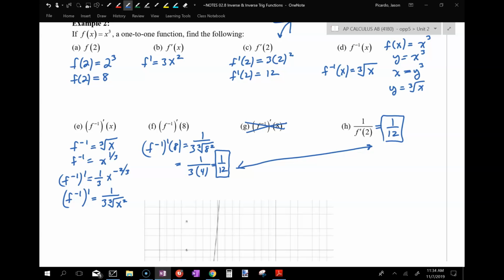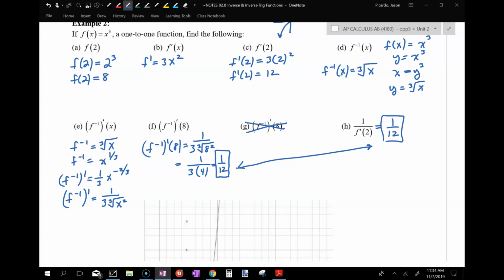The slope of which curve? Yep, of the original curve at 2 is 12. So were I to put my tangent line on there, I would get a slope of that line equal to 12. Okay? Is that good? All right.